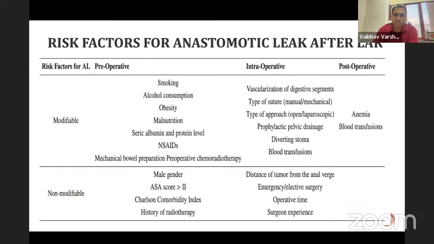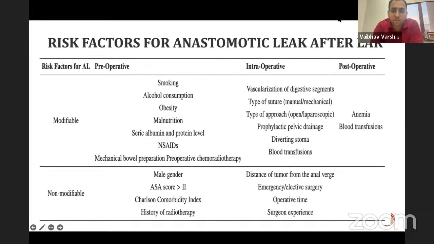As we discussed yesterday also, there are various risk factors for anastomotic leak after LAR. There are preoperative, intraoperative, and postoperative factors, and they can be modifiable or non-modifiable. Among the modifiable ones are smoking and alcohol consumption.